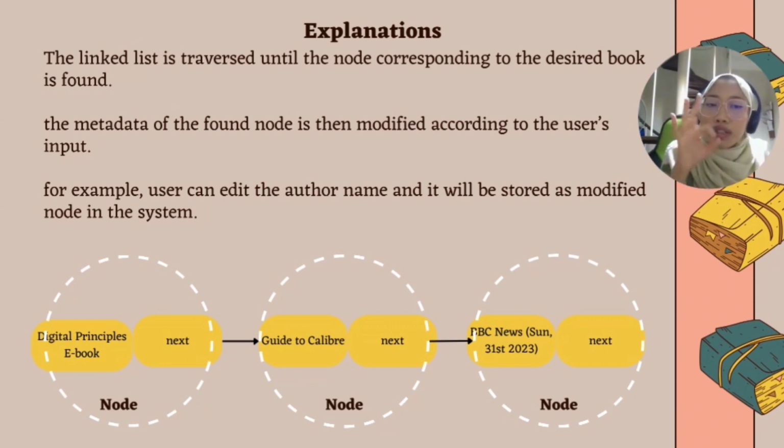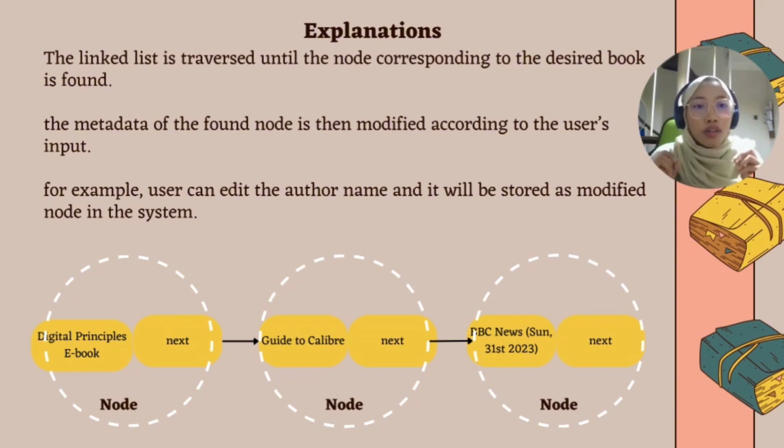So in order to find a book, for example if you want to edit the Guide to Calibre, it will find that specific node first. That's why the linked list will traverse until the node corresponds to the desired book, which in this case is Guide to Calibre.